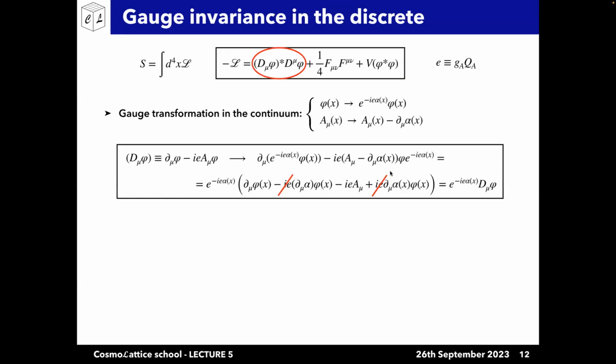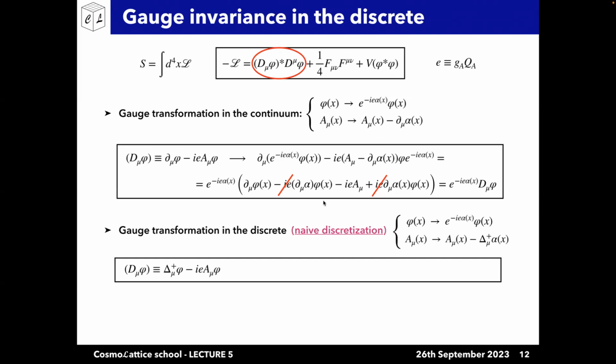So basically, there is this cancellation, and then we have that this covariant derivative transforms, and the gauge transformation incorporates this exponential of minus i e alpha(x). So basically, this shows that if we do the same for the conjugate, this will generate e to the plus i e alpha(x), and then they will cancel in the term, and then we show that it is gauge invariant.